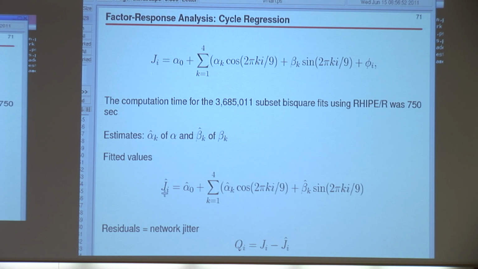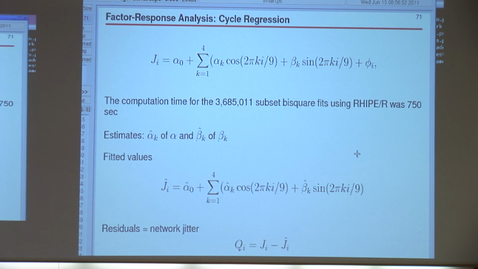Those are the predicted values of the cycle. And then we subtract the fitted values from the original observations, and that gives us the network jitter. OK? Any questions about this process?